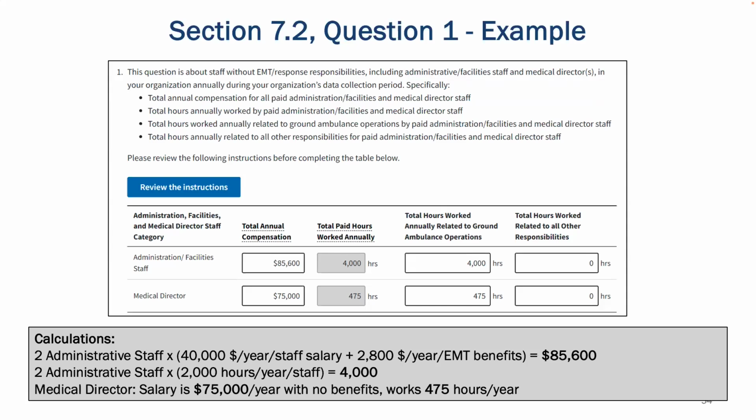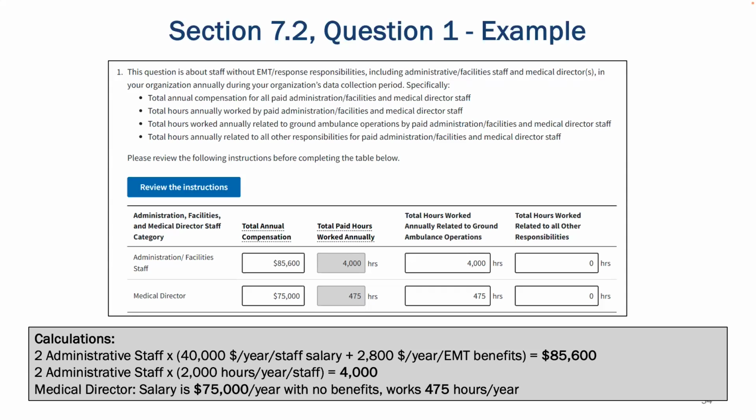The medical director in this example makes $75,000 in annual salary, no additional benefits, and worked 475 hours during the year. In this example, the medical director works part-time for the ambulance organization and also works at a nearby hospital.